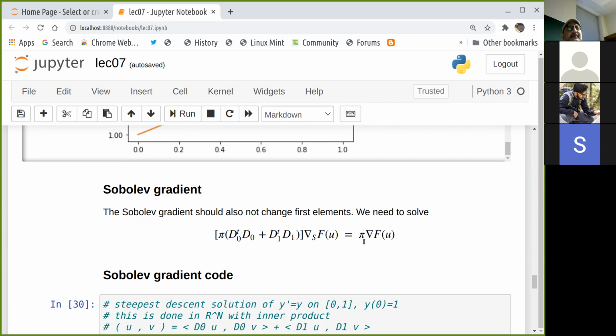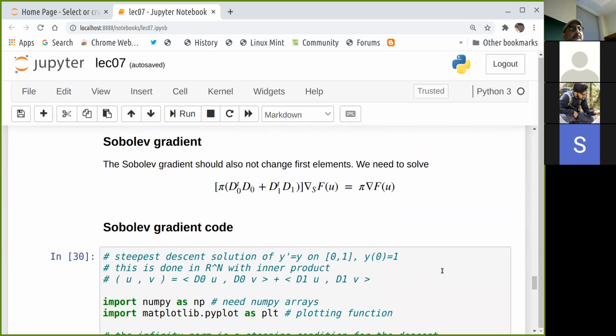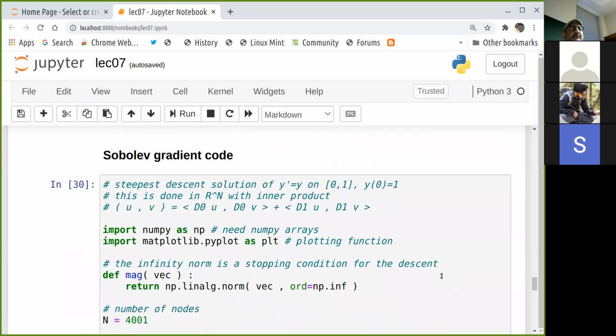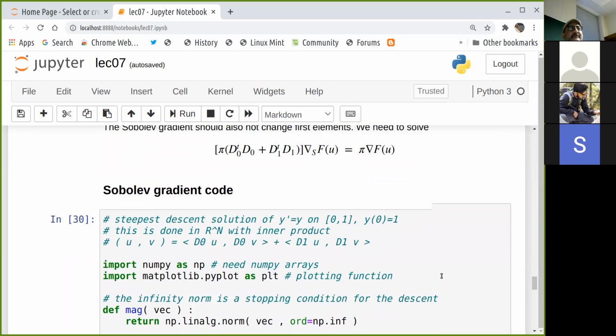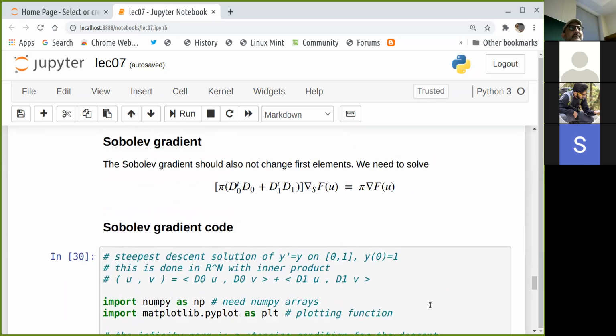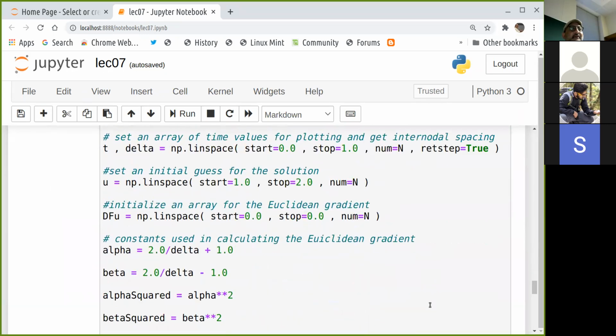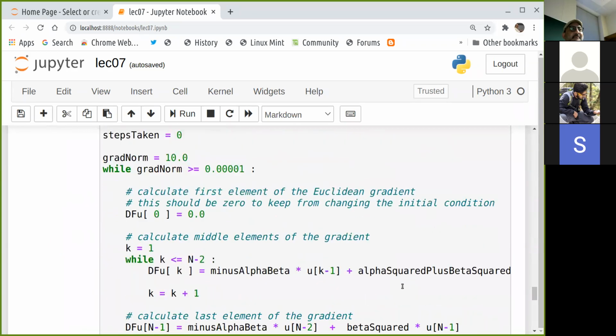Now, if you projected this with pi on the right-hand side, you have to project this with pi on the left-hand side. So now you have to solve this. That would give you a slightly different Sobolev gradient, and again we can use the Thomas algorithm to do this if we want.